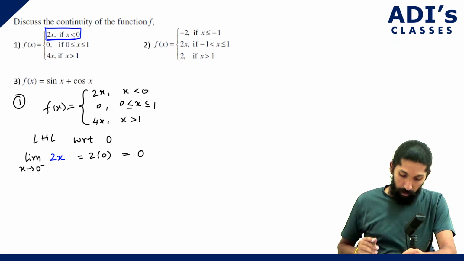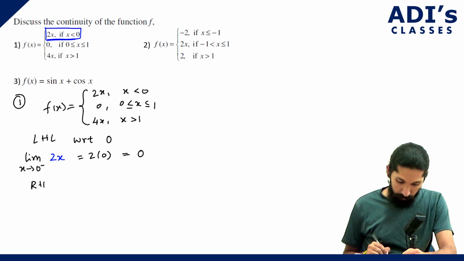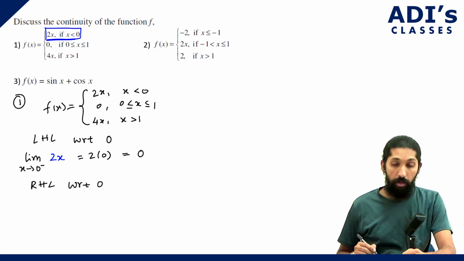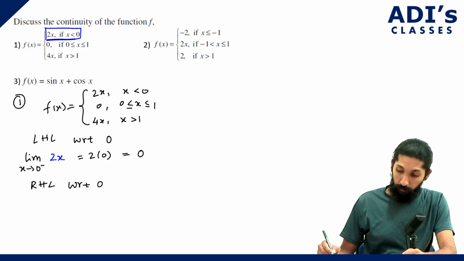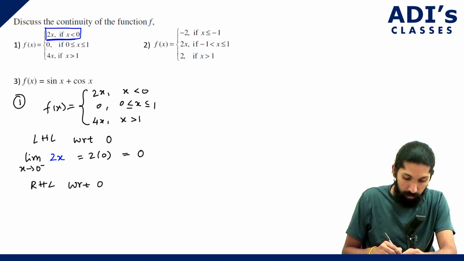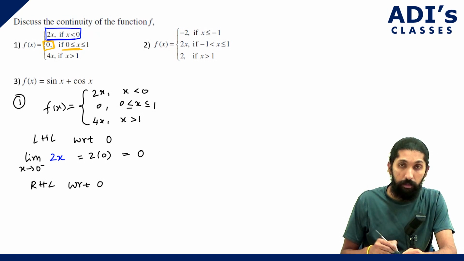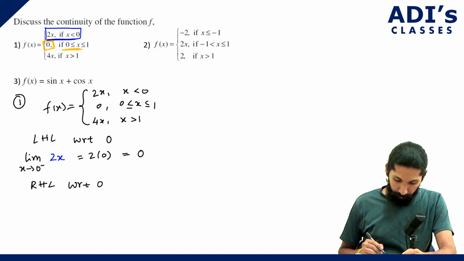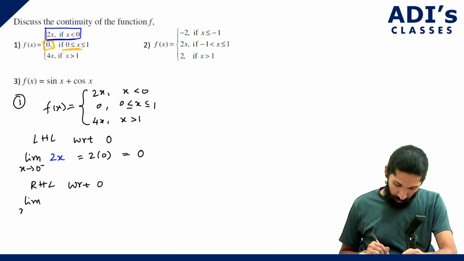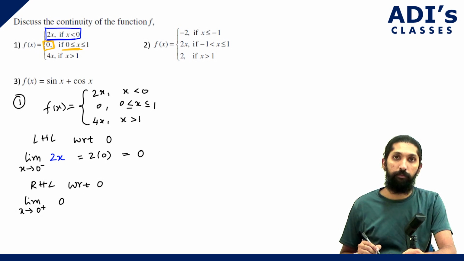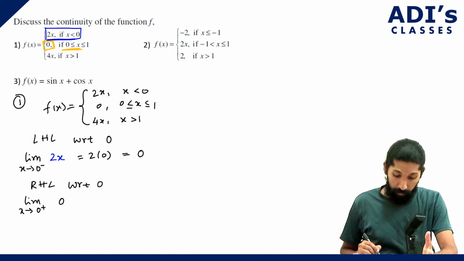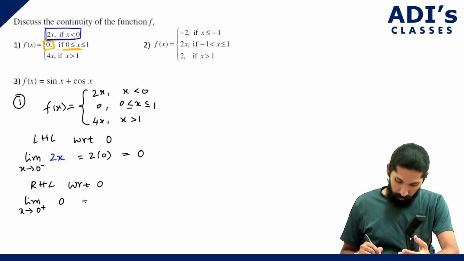Now, RHL, again with respect to 0 itself. Now for the right hand limit, what function do we use? We use the second function. See this function, greater than or equal to 0, isn't it? So RHL with respect to 0: limit as x tending to 0 plus. The value of the function is 0 itself. Since we don't have any variable x, you can just write it as 0.